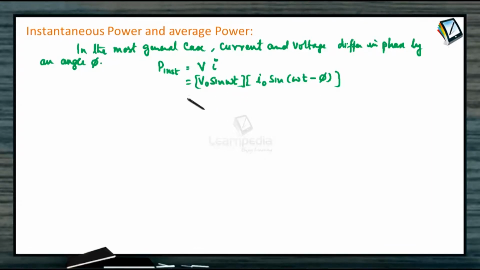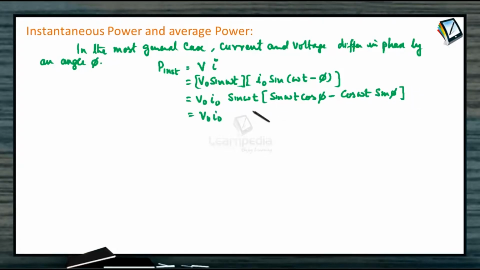We can expand this and rewrite it as V naught I naught sine of omega t into the expansion, sine omega t cos phi minus cos omega t sine phi. So V naught I naught, this term we can write as sine square omega t cos phi minus sine omega t cos omega t sine phi.